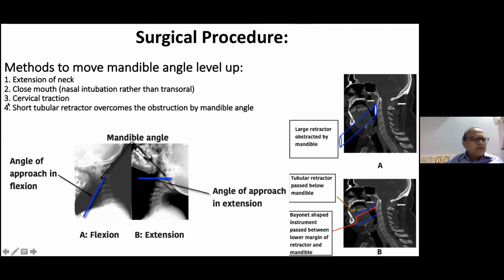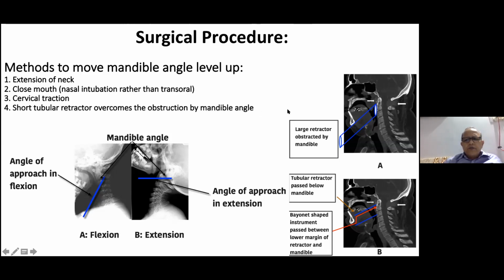Cervical traction is one method by which you can cranially migrate the angle of the mandible. The other aspect, which I think requires some company to make these tubular retractors smaller.